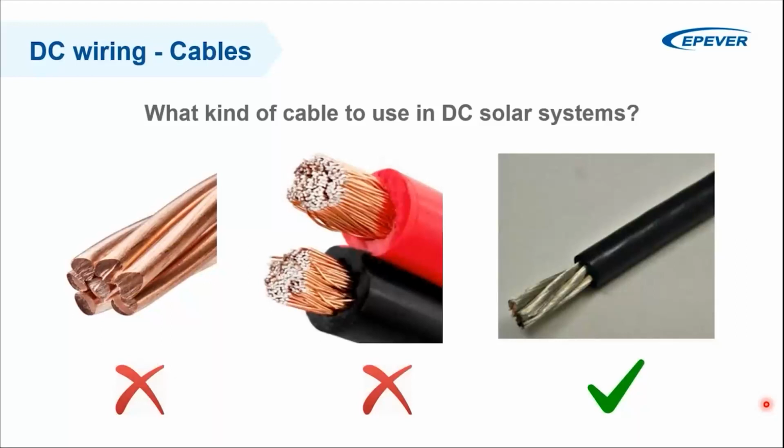If your cable is not UV resistant, and you use it on the roof of a van, then over time, when this cable is exposed to sunlight, the UV component of the sunlight will destroy the insulation, and you will lose the insulation of the cable, and it's a source of problems. It might cause leakage in your system. It might cause short circuit, and even fire in your system. So it's important to check even the insulation of the cable that you are using in your solar system.